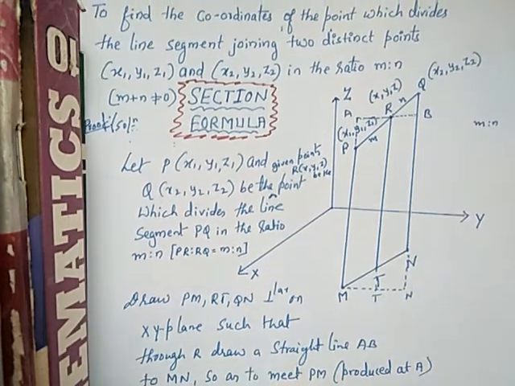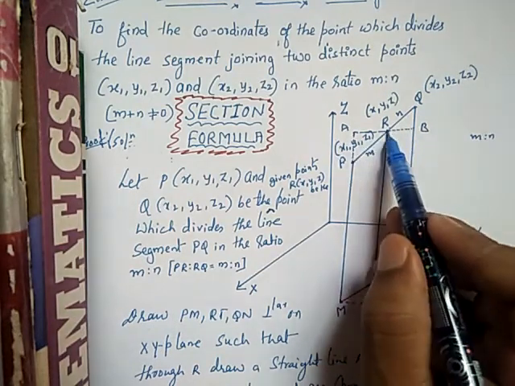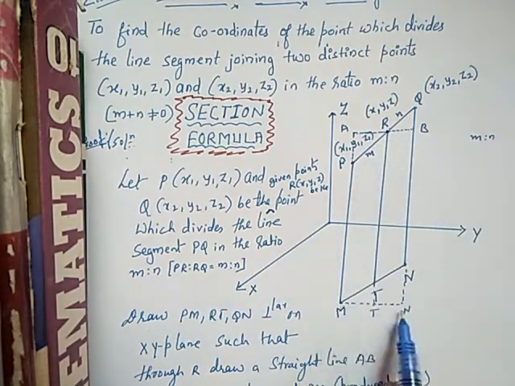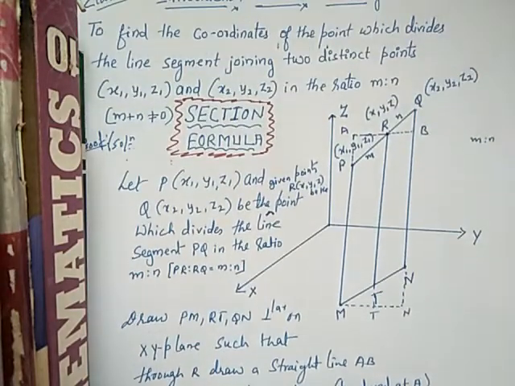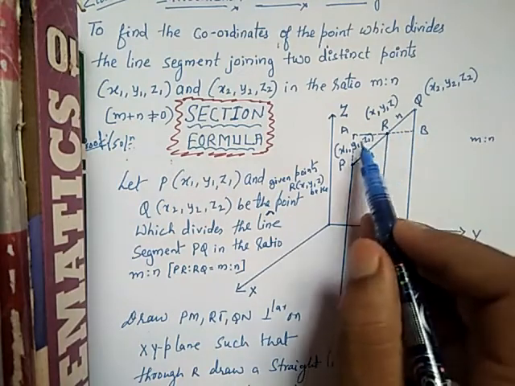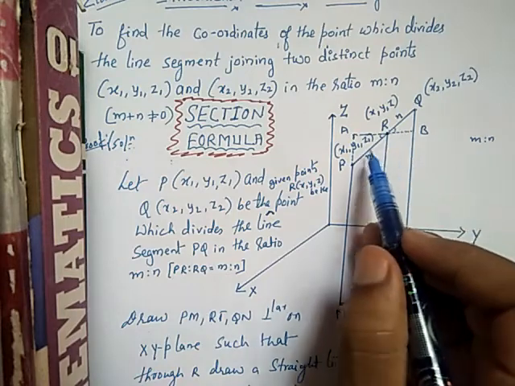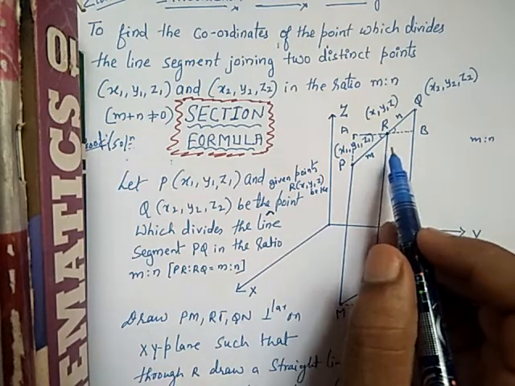So PM is produced up to A and AB is drawn from the point R, which is parallel to MN. Now you can say that in this figure there are two triangles, PAR and RQB. These two triangles are congruent here, because vertically opposite angles are equal and alternate angles are also equal.